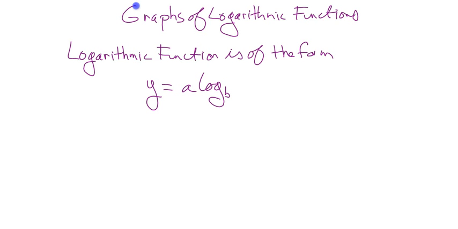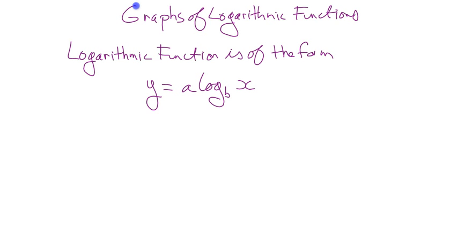So log functions have bases just like exponential functions have bases. If we do an exponential function like 2 to the power of x, the 2 is the base. Log function, same thing. It's got a base. And that b is written subscripted, small and underneath the log. So that's called log base b of x. So y is equal to a log base b of x.